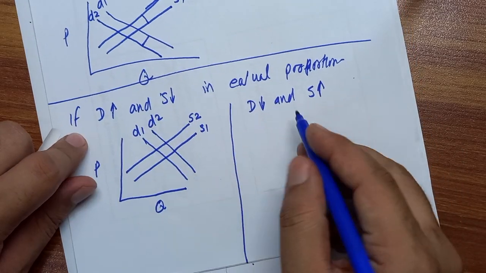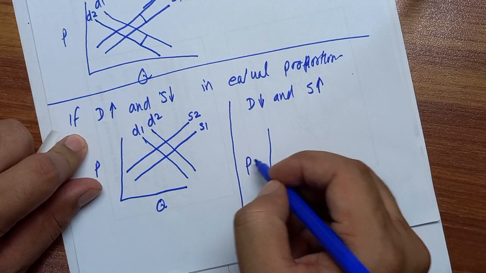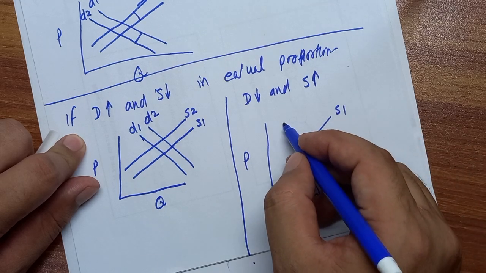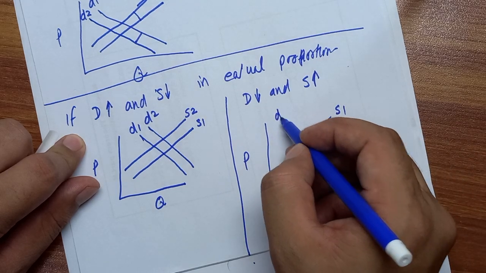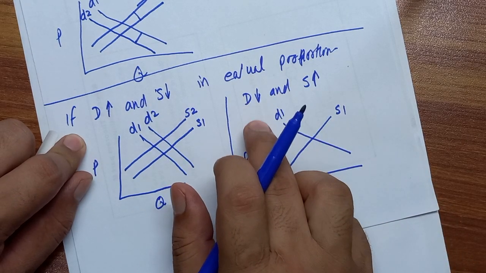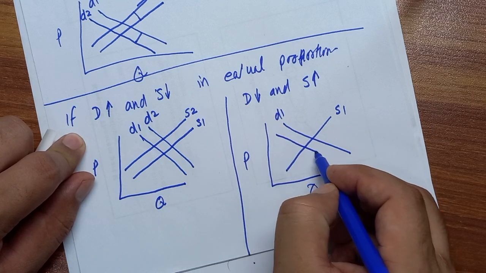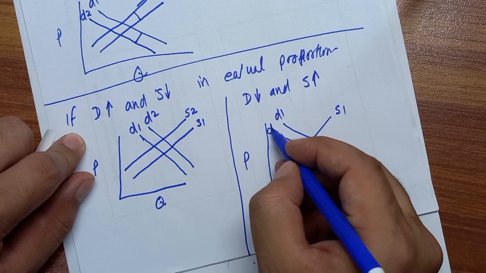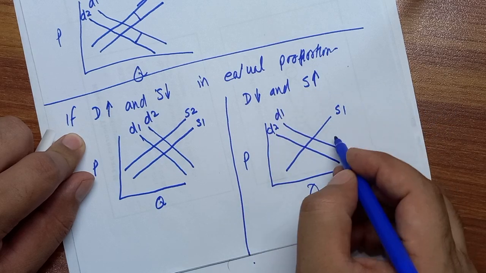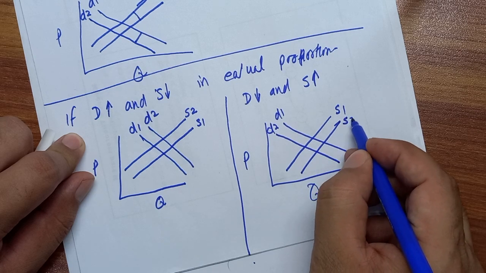So here we will draw quantity, price, and these are the original lines S1 and D1. When demand decreases, we will draw below the original line, D2, and when we have an increase in supply, we will draw below, S2.